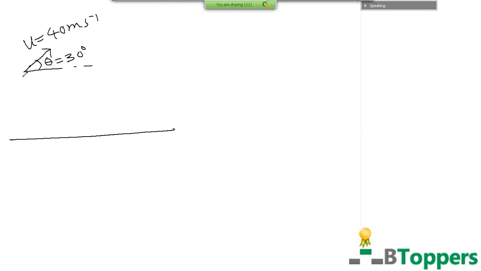So I would like to discuss the problem which I have just shown on the screen. It is given that the body is projected with an initial velocity of magnitude 40 meters per second, at an angle theta equal to 30 degrees above the horizontal from a vertical height h equal to 60 meters above the ground.